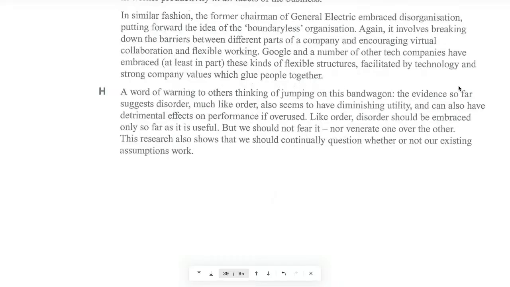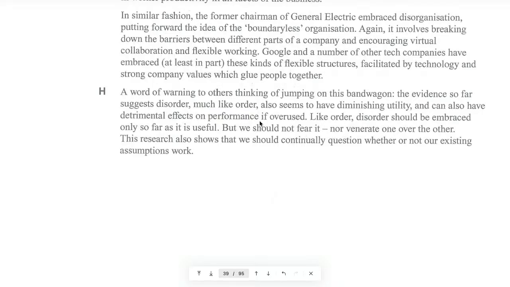You see that, right? They say the evidence so far suggests disorder, much like order. I mean, disorder or order, they're just the same, similar in terms of what? Also seem to have diminishing utility, and can also have detrimental effects on performance if overused.